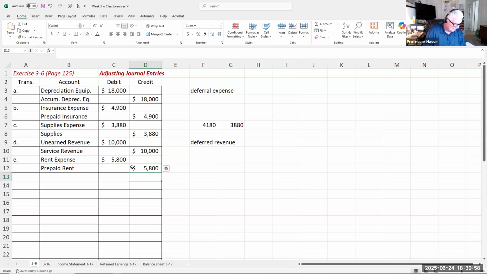In transaction E, they tell us that $5,800 of the prepaid account has expired. It's the same type of problem, but it's worded differently. That's the challenge to accounting students, especially graduate students, to figure out how the wording explains the adjusting transaction. Those are two perfect examples of this.